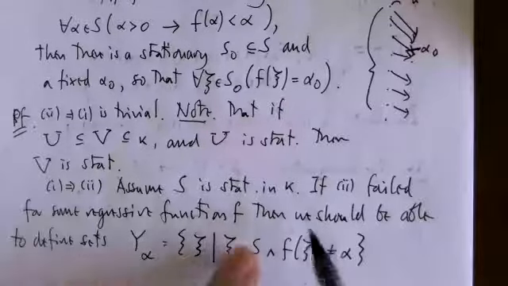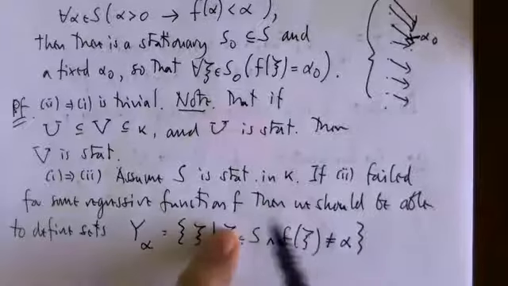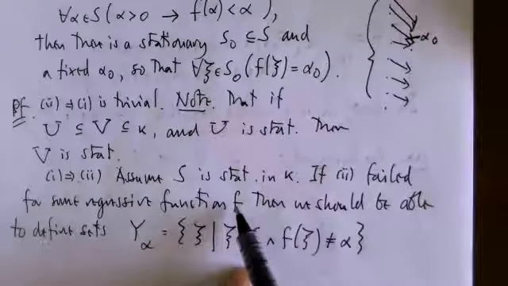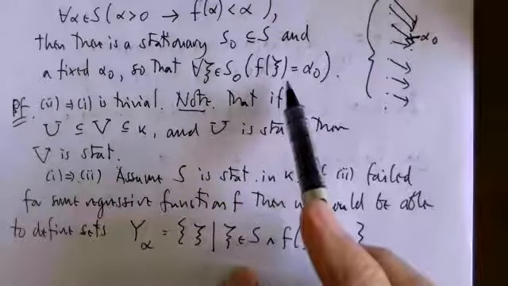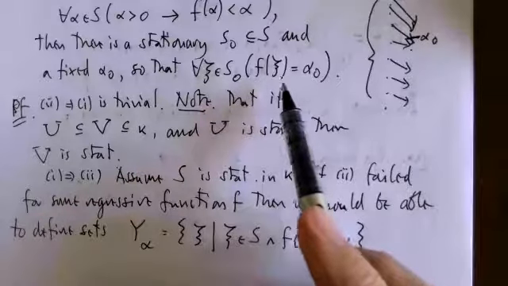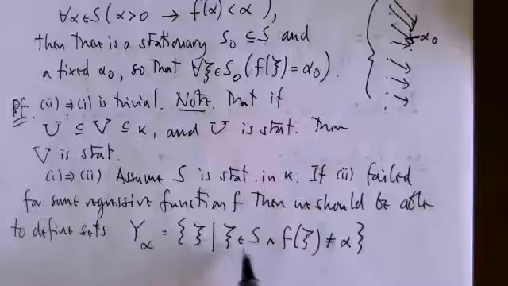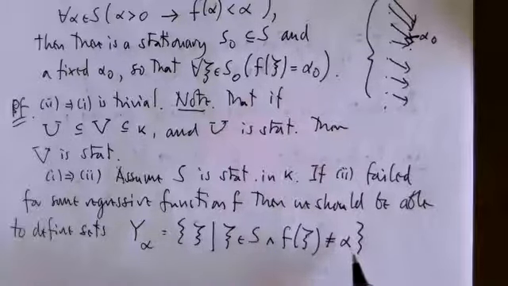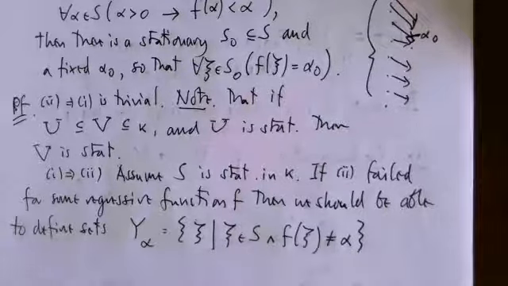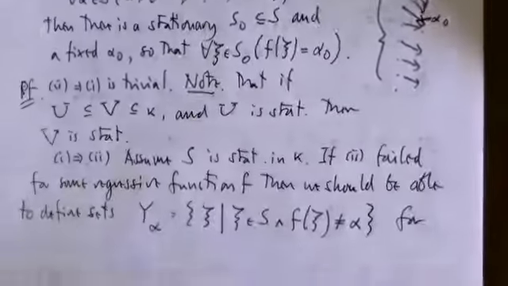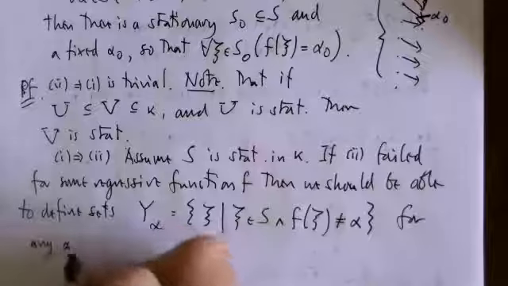So I mean, we need to think about it a bit. We've got this regressive function, supposedly, right? And it's not constant on any stationary subset of S. So we look at those psi's in S where f of psi is not alpha, and I'll call this Y alpha, for any alpha less than kappa.